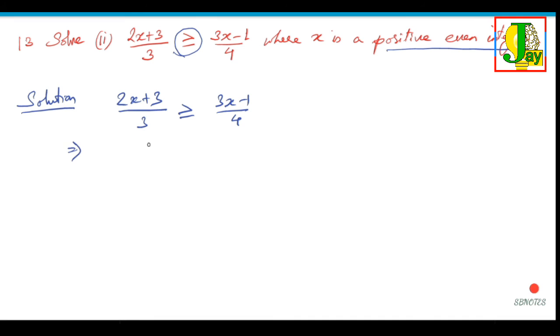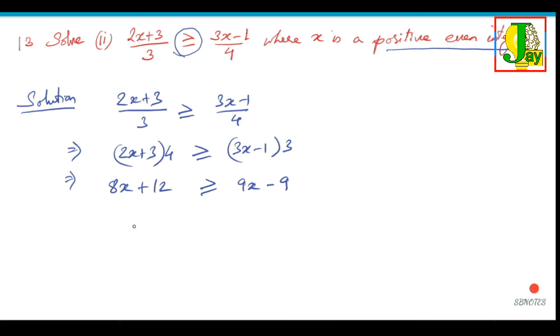So (2x + 3) into 4 is greater than or equal to (3x - 1) into 3. That gives 8x + 12 ≥ 9x - 9.